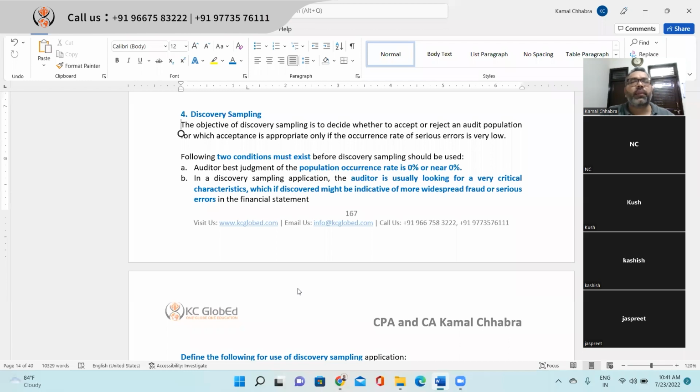The total population in your data analytics tool should be tied to the journal ledger and financial statement, so there should not be any gap. Basically this is more from a completeness perspective, so there should be 0% error in that completeness. Yes, majorly. Okay, thank you.